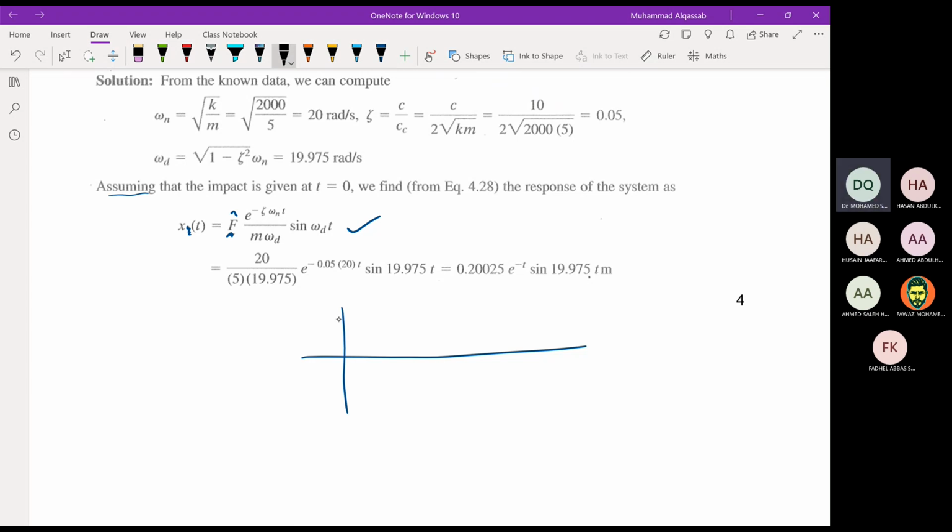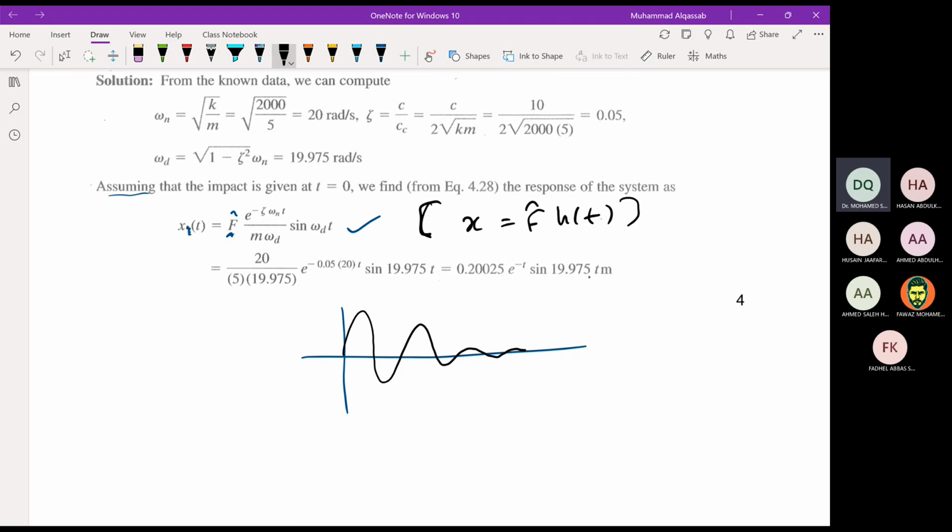This is underdamped. It's going to oscillate this way. Okay, starting at 0. So x, I will write it this way: x equal to f hat h of t, and we write it h of t because the impulse started at 0.